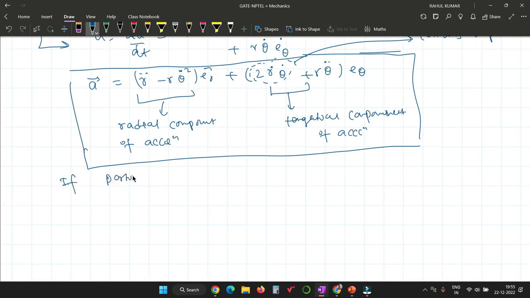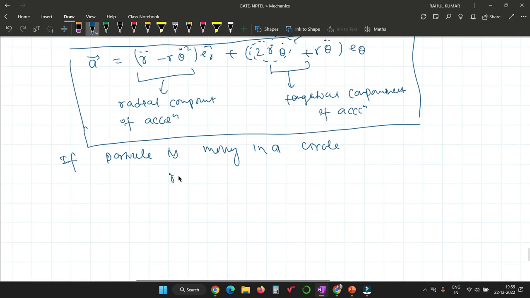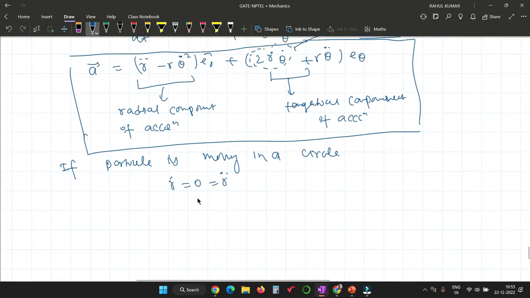If the particle is moving in a circle, then what will happen? r dot equal to 0 equal to r double dot. Then what will be the acceleration? This part will become 0.